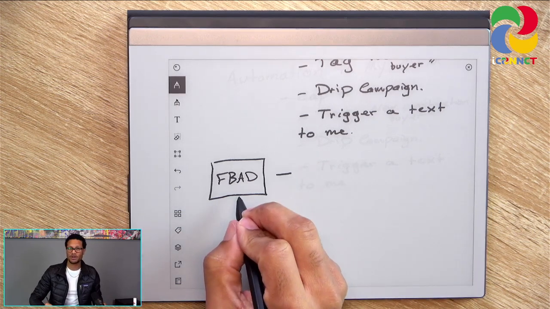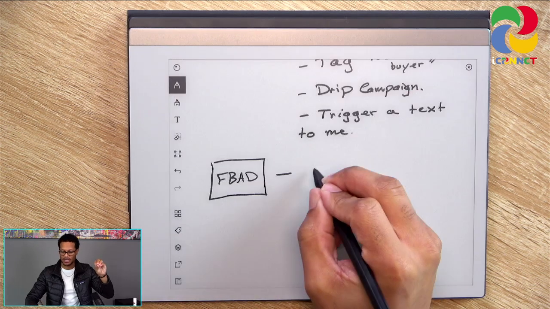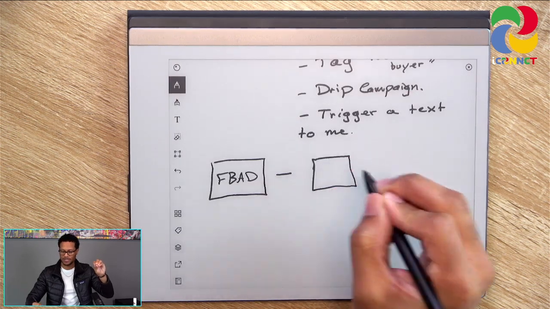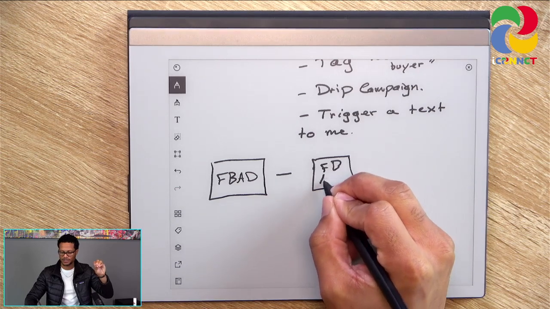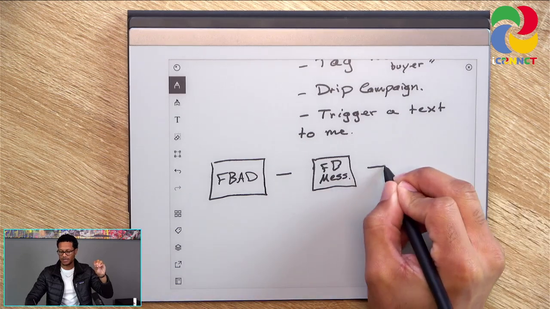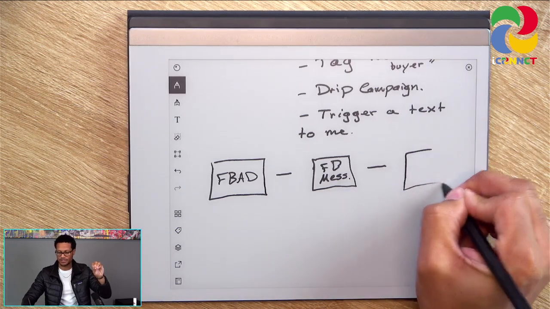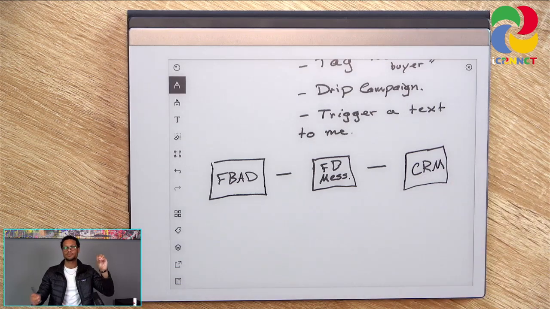So they're starting off at the Facebook ad. This is the first touch point a buyer has with my brand. Next, I'm sending them into Messenger. So Facebook ad, into Messenger, and now they're going into my CRM. And so now you're starting to see how this funnel is developing.